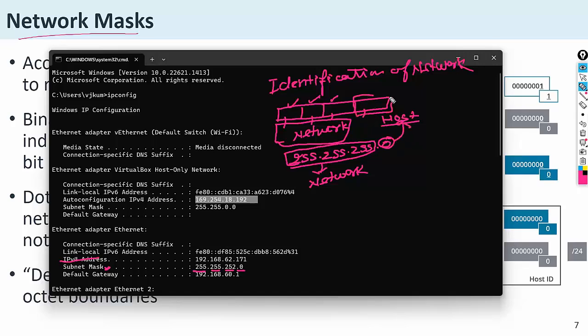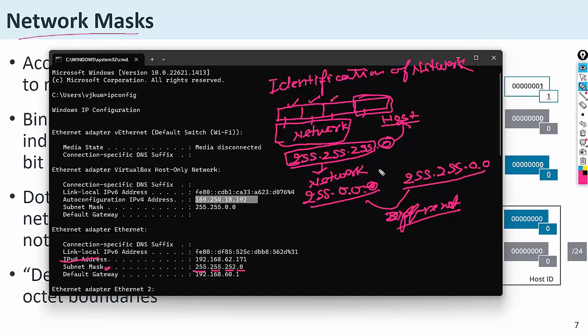So if one computer has the mask 255.0.0.0 and another has 255.255.0.0, both will be considered different networks. So the subnet mask is just an identification of the network ID.